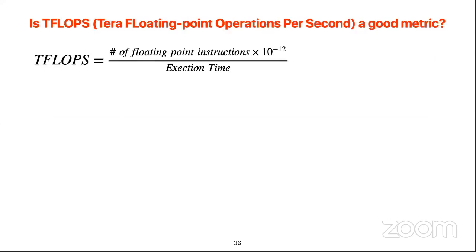So why is that? If you look at what T-flops is, it's defined as the number of floating point instructions times 1 over a tera divided by execution time. So what does that mean?